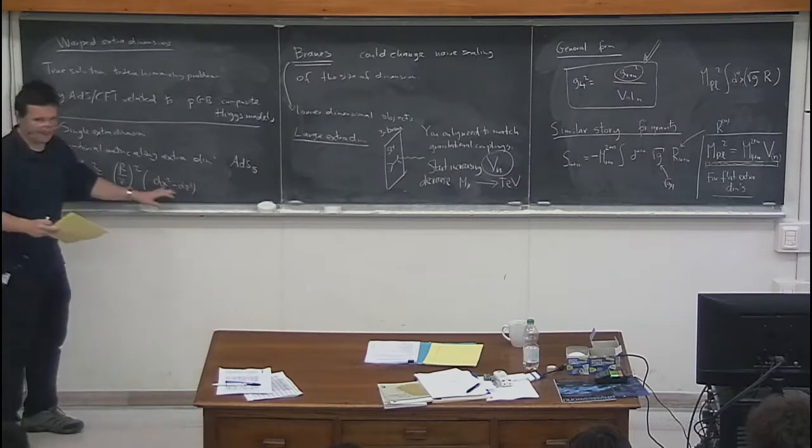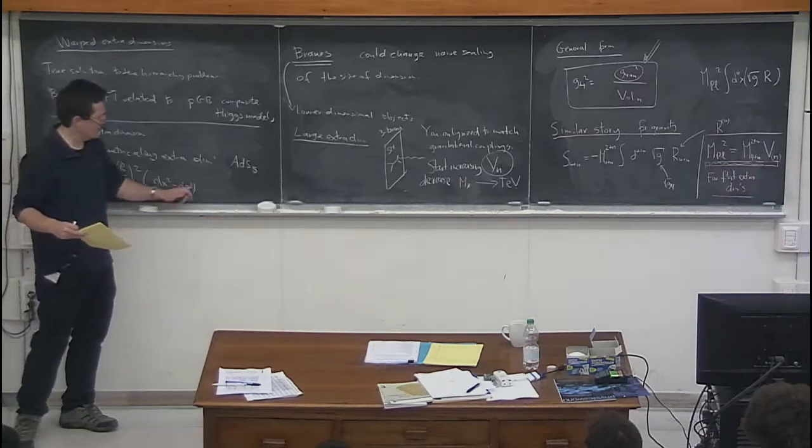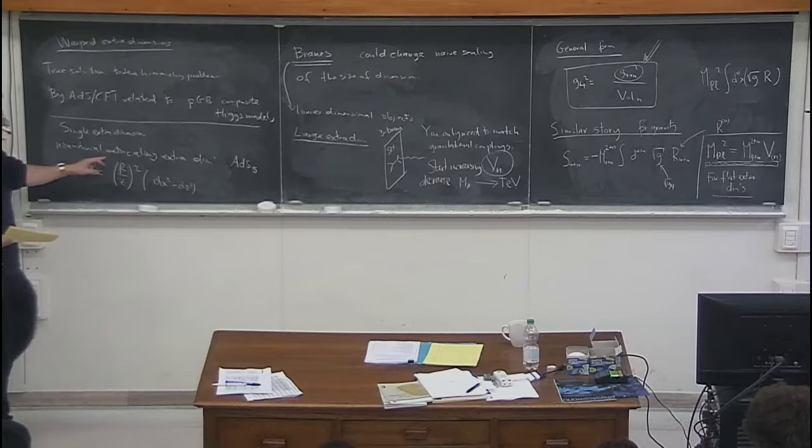So there are different parametrizations of how to write this particular metric. The original paper by Randall and Sundrum was not using this particular parametrization. They were using an exponential. Of course, it's just a matter of coordinate transformations, but I think in this form of the metric the physics is more clear.